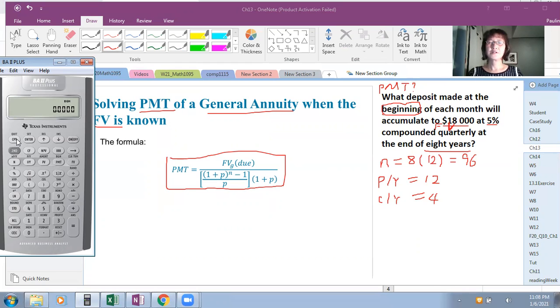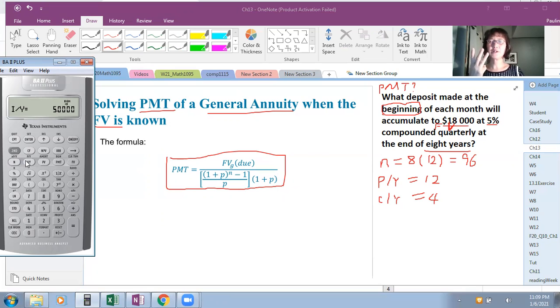And now you can enter 18,000. That is future value, 18,000, FV. 96 is term N. 5 is interest IY.